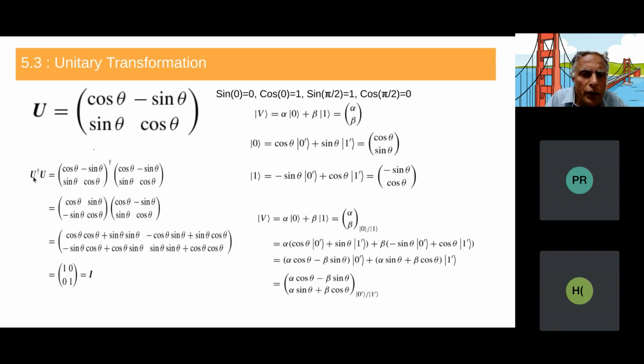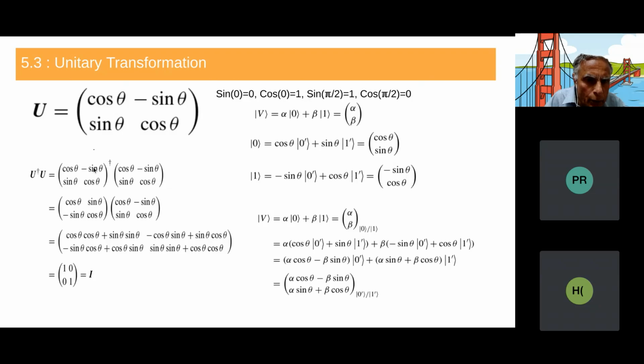When you do the multiplication with the unitary matrix, defined here as cos theta, minus sin theta, sin theta, cos theta, you can take this U and take the complex conjugate and transpose of it, which is shown here.